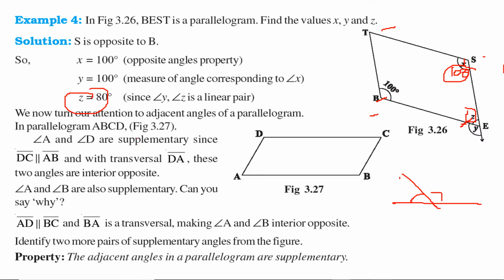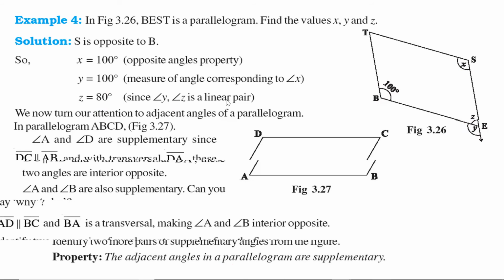This is an idea that the opposite angles are equal, and the adjacent angles are supplementary. So from this example, we can conclude that the adjacent angles in a parallelogram are supplementary.